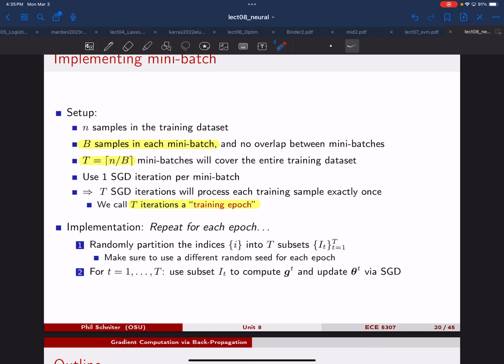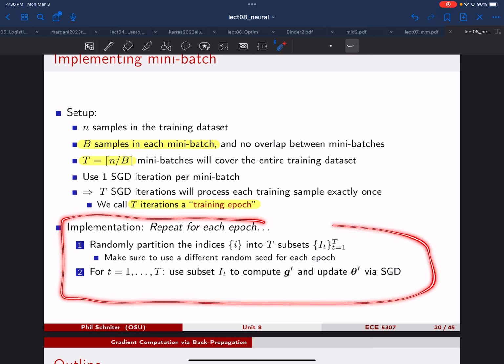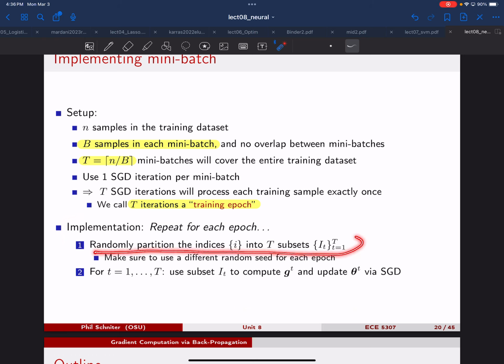And then for each one of those mini batches, we compute the gradient and do one stochastic gradient descent update. So this is sort of like an inner loop here over T things, and then we have an outer loop where essentially we do random shuffling to get our subsets, and then we run the inner loop.